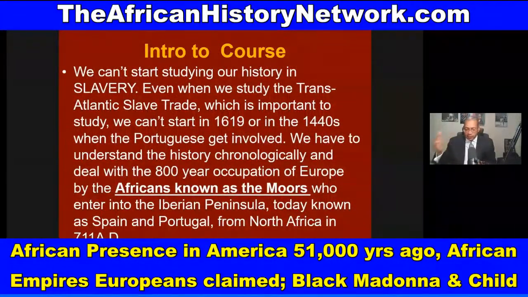And then the next period that Europe enters into is called the Renaissance era, which is a period of new enlightenment. So we have to deal with the 800-year occupation of Europe by the Africans known as the Moors, who entered the Iberian Peninsula in 711 AD.